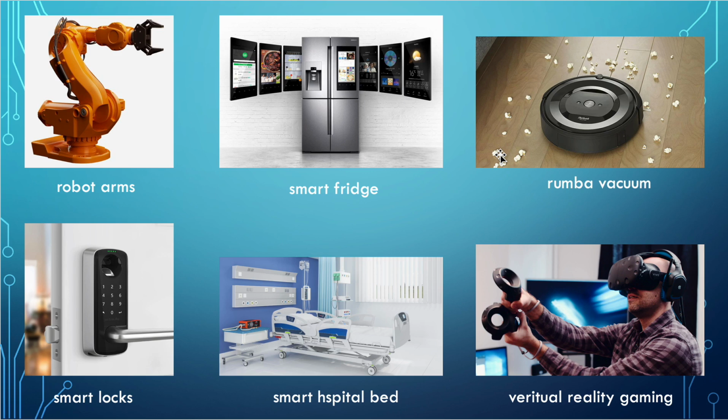But right now we are talking about examples of physical objects which have embedded sensors, processing, actuators and so on, and which are connected between each other. So we are still talking about examples of things in Internet of Things, right?